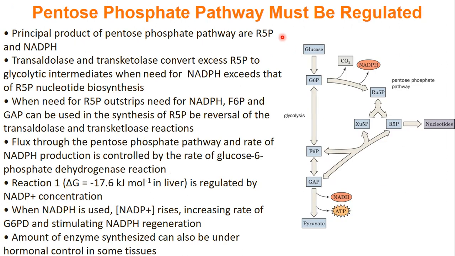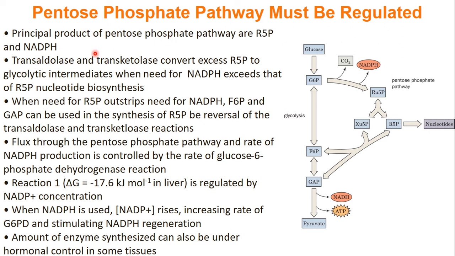Now, this pathway needs to be regulated because it's taking glucose that could go through glycolysis and using it to either make nucleotides or to make NADPH. So the products are either R5P, which go to nucleotides, or NADPH, which can be used for biosynthesis purposes.